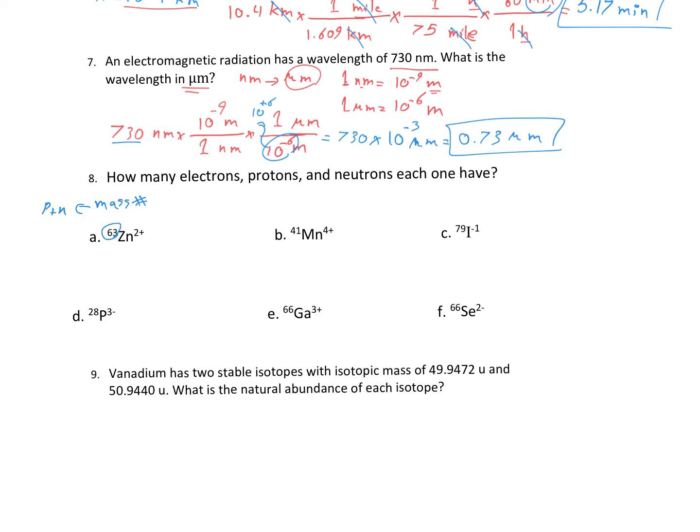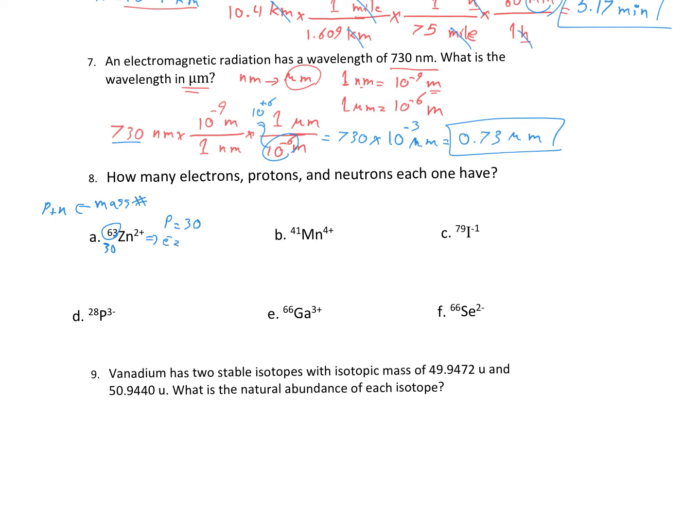You might be given the atomic number, or like in this question, you don't have it, but you can always find the atomic number from the periodic table. If you check zinc on the periodic table, you would see that the atomic number is 30. Atomic number always tells you how many protons you have. So the number of protons is 30.